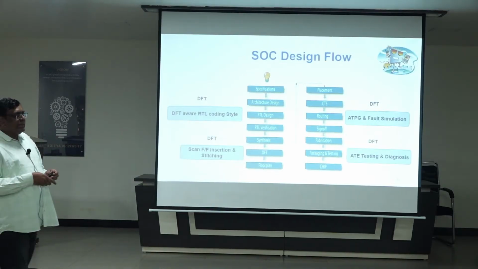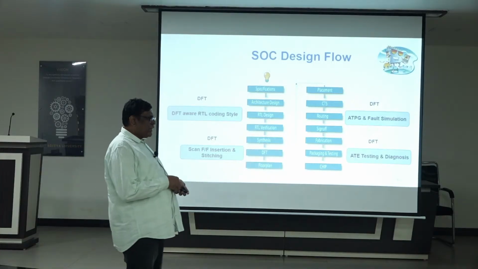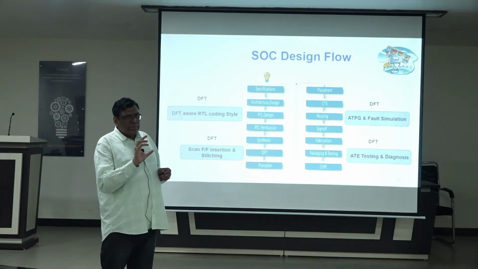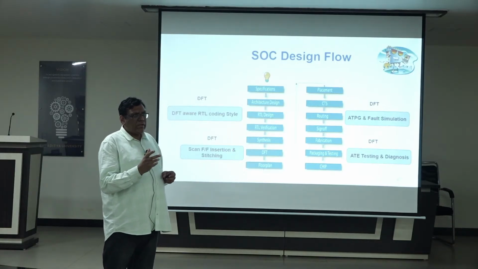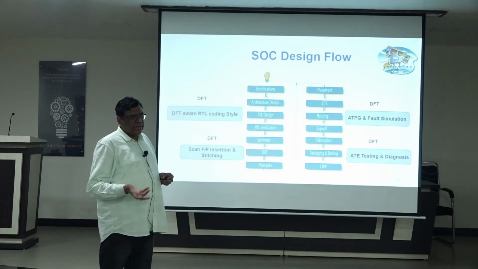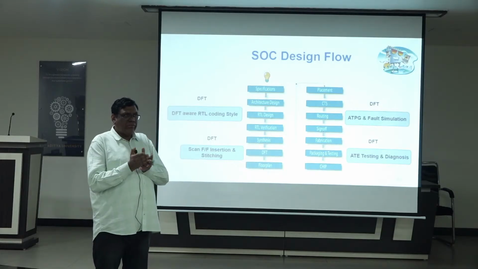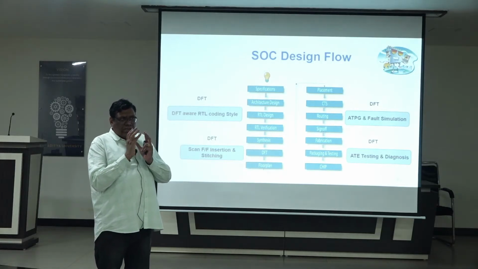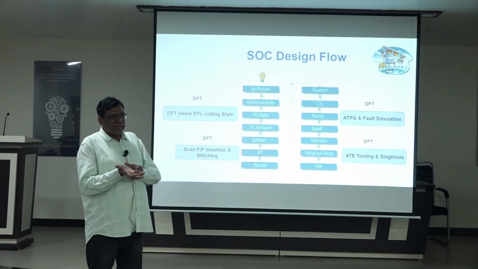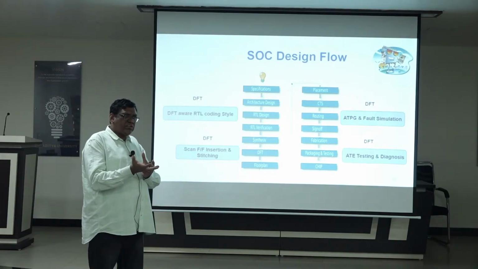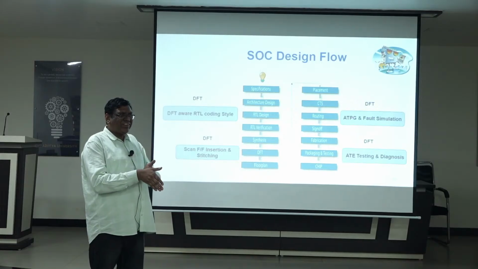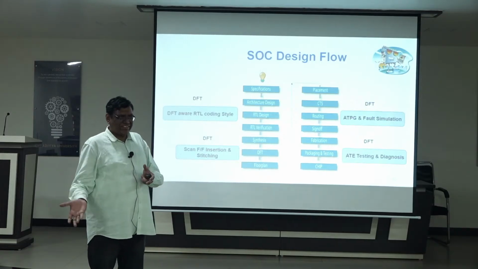Why will speed reduce? Because of the extra DFT hardware we add, to initialize and configure the DFT hardware we have to sacrifice a few test cycles. If that overhead were not there, the chip might be faster. But if this DFT is not there, we can't test it.